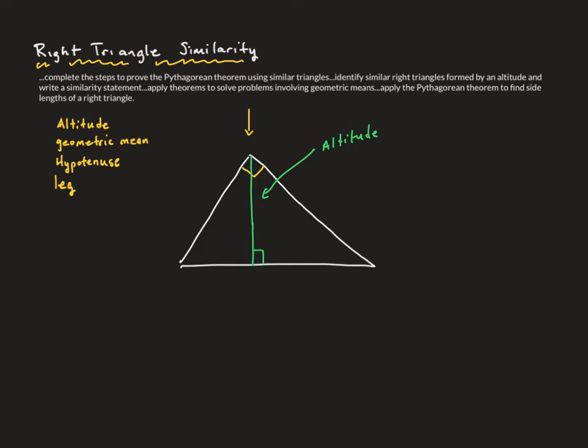So again, hypotenuse, that is the longest side of a right triangle. That is the side that is opposite the right angle. And then the legs would be the other two sides of the triangle. So just some basic definitions and words that we want to be able to work with.